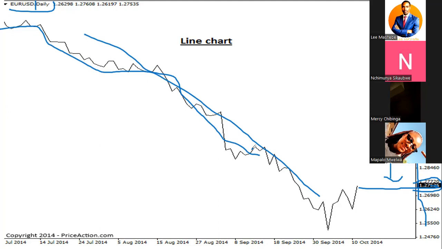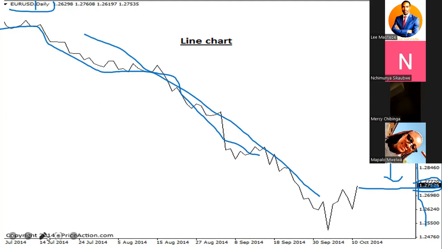These are sellers. Can you type 333 if you have understood the line chart? Can you type 333 in the chat box?